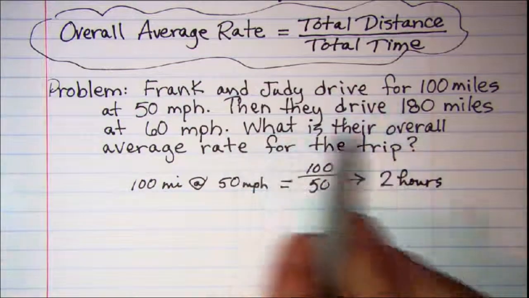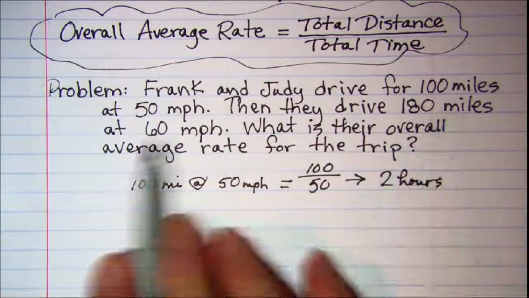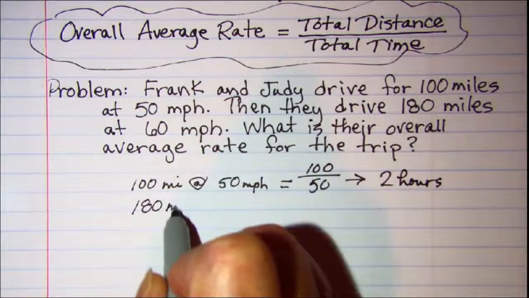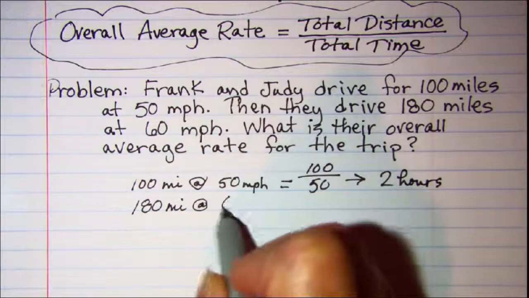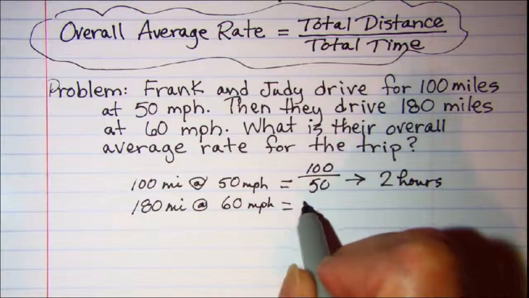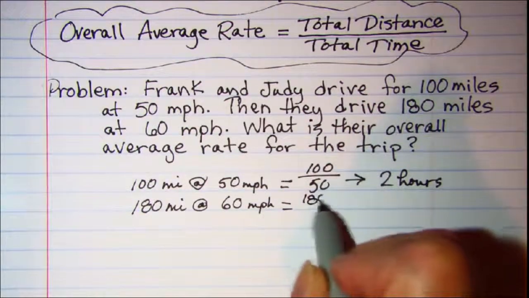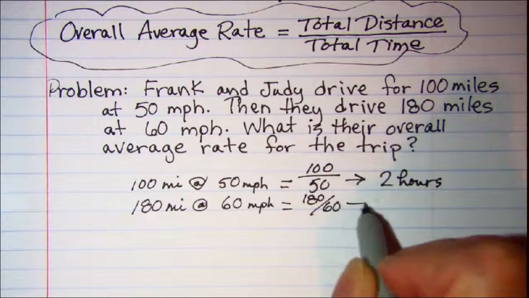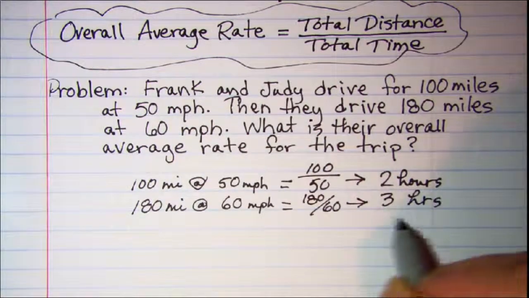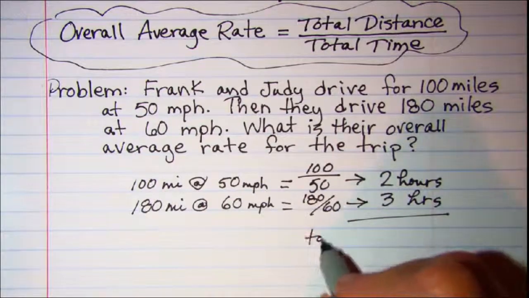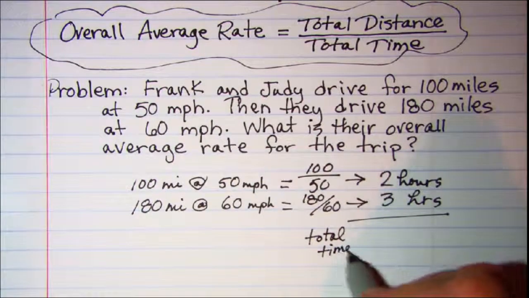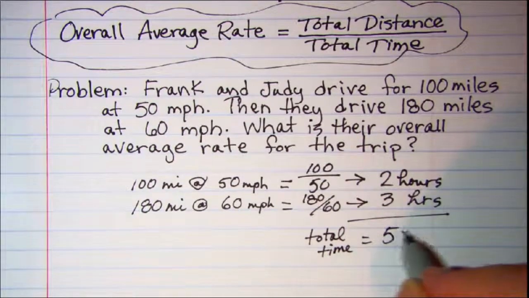And then on the second sentence, we have 180 miles at 60 miles an hour. And that is 180 divided by 60, which is 3 hours. So my total time is 5 hours.